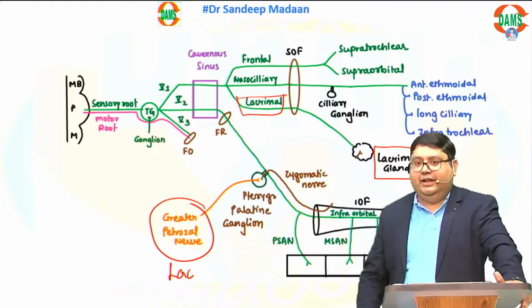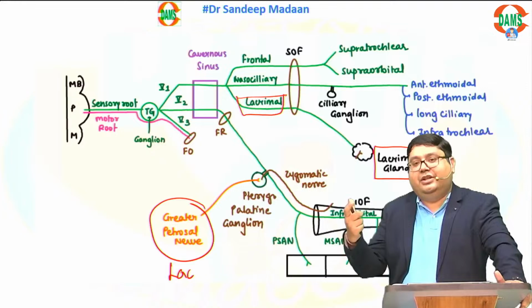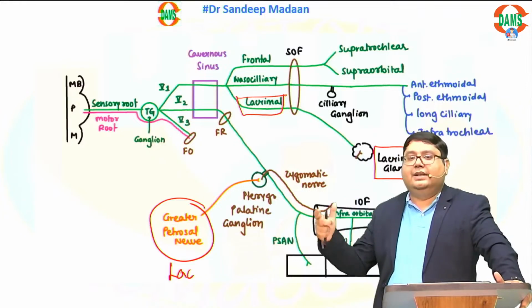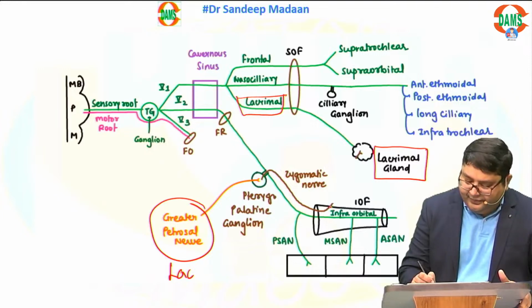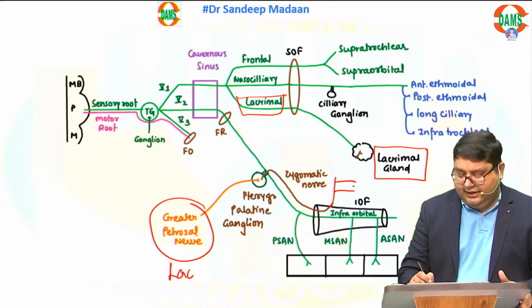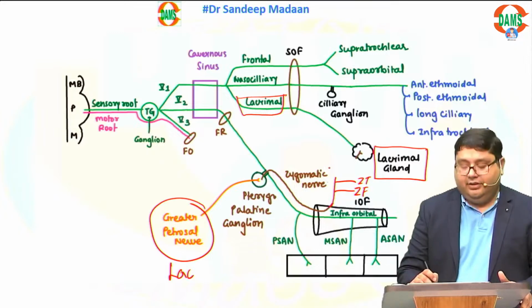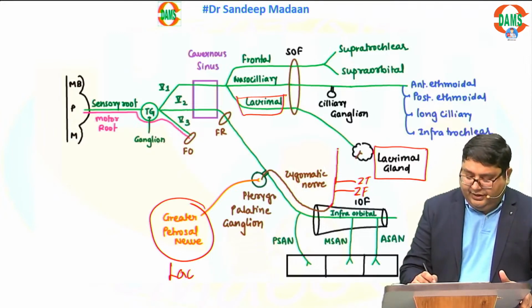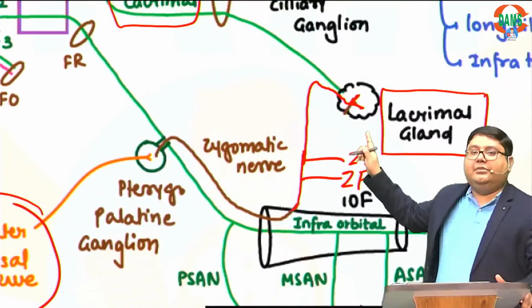Let me explain. From here, the lacrimation fibers will be picked up by the zygomatic nerve, and the zygomatic nerve will eventually divide into two branches, zygomaticofacial and zygomaticotemporal. But the zygomaticotemporal will give one branch which will be supplying the lacrimation fibers to the lacrimal gland.